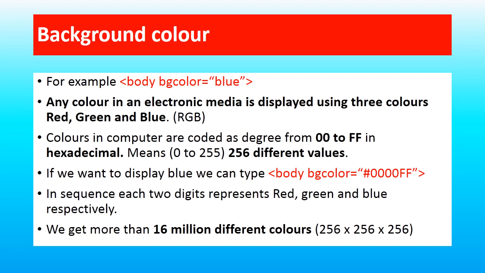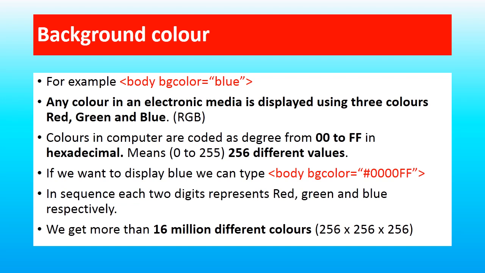Actually, any color in an electronic medium like television or monitor is displayed using a combination of three colors, that is red, green and blue, and that is why in short it is known as RGB.